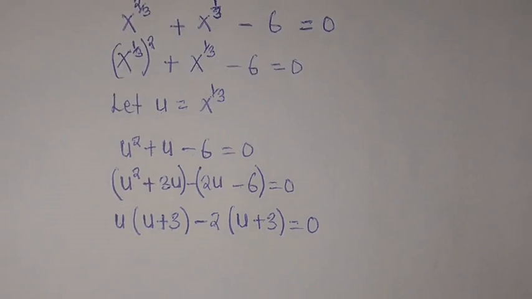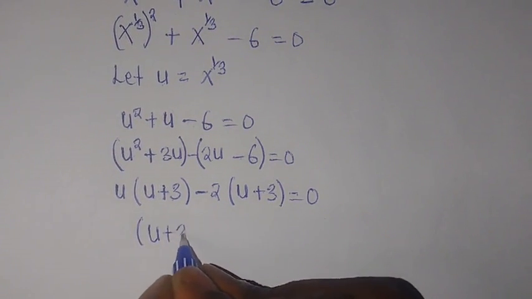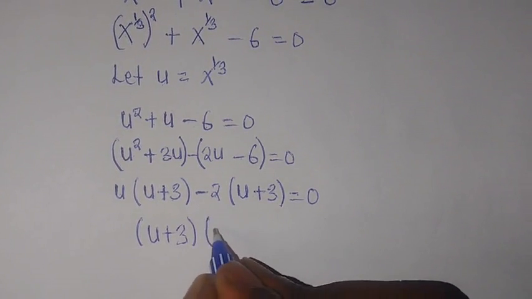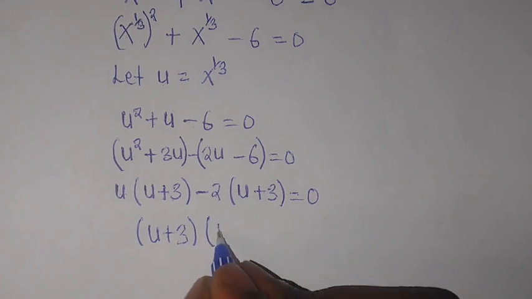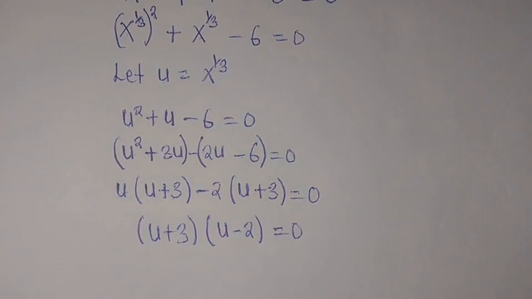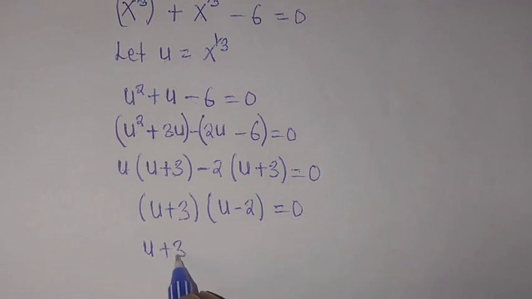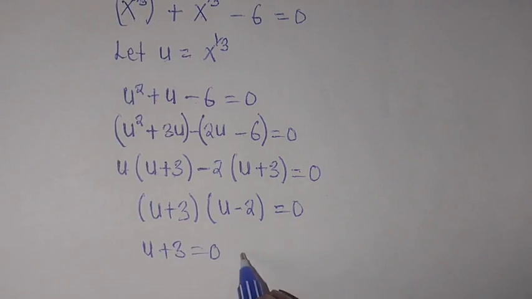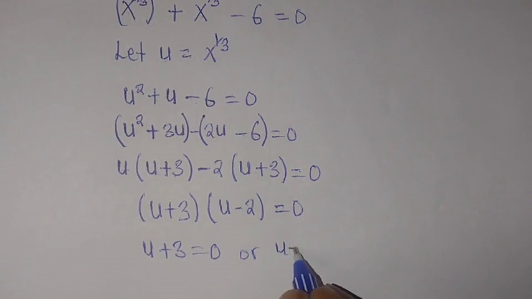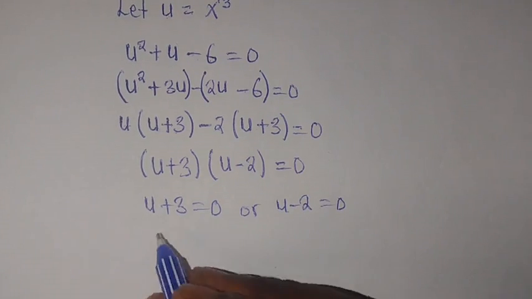So we can just pick one and say (u plus 3)(u minus 2) is equal to 0. This tells us that u plus 3 equals 0, or u minus 2 equals 0.